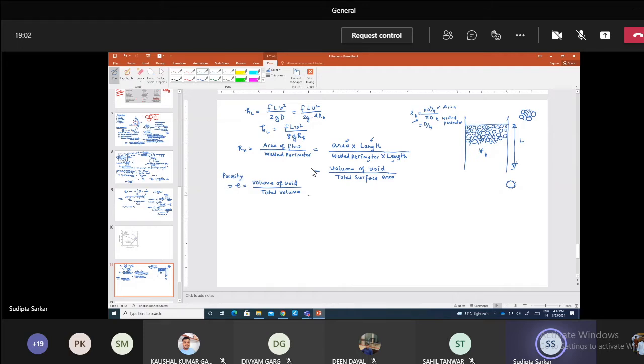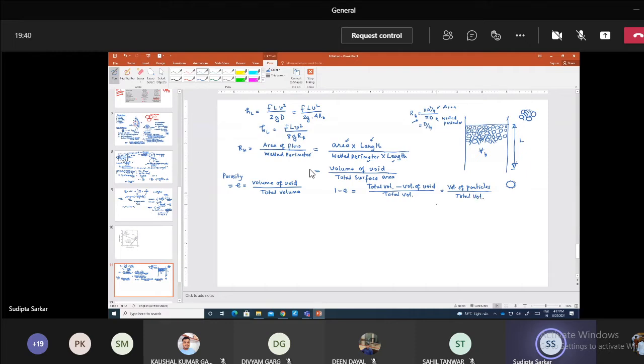Okay, so porosity is equal to this, and if you do 1 minus E, that's what we did in the morning. So this is nothing but total volume minus volume of void divided by total volume, right? So this is nothing but volume of particles divided by total volume.